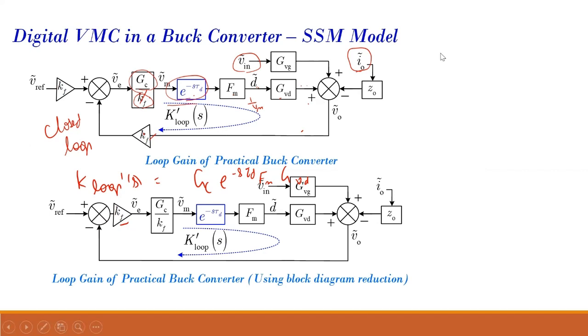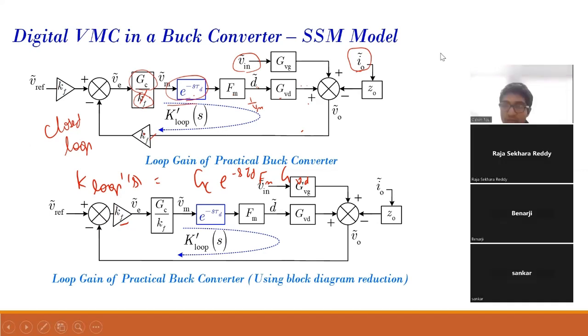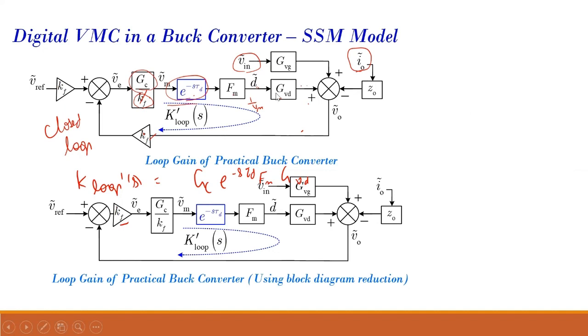Yes, Sir, I have a doubt in GVD. Yeah, GVD, okay. What about it? Sir, I want to know the quality factor in that case, like Q0. How are we getting Q0? Intuitively, can we say the quality factor from the circuit diagram?